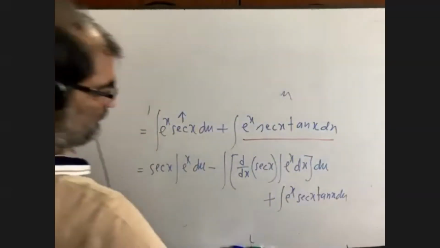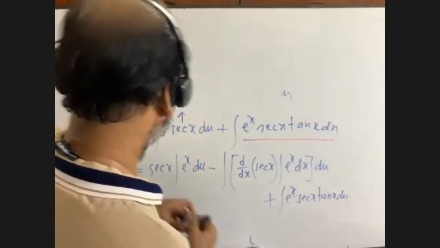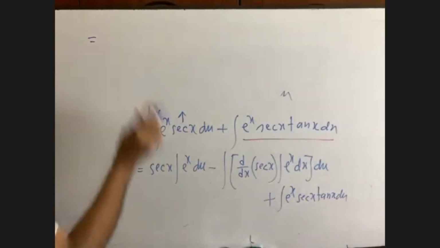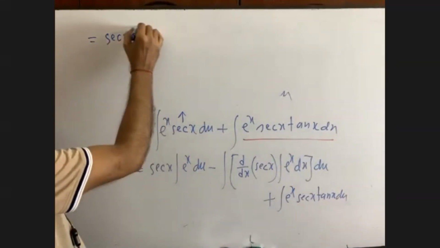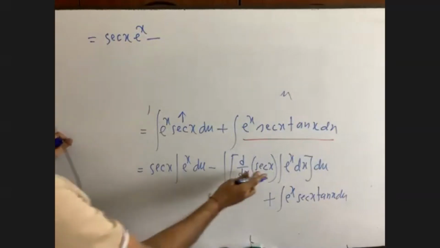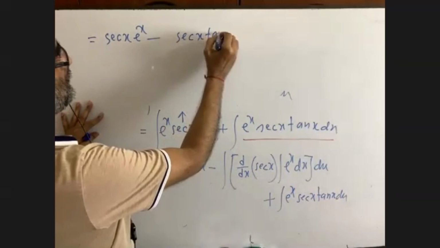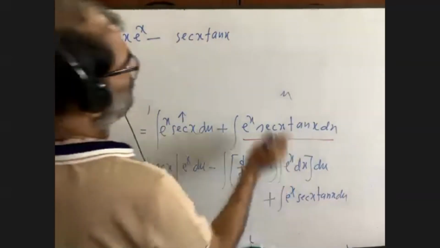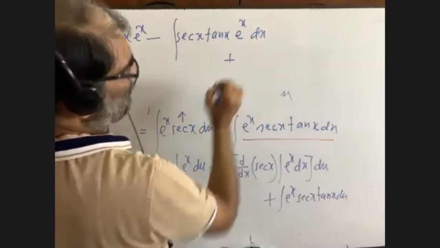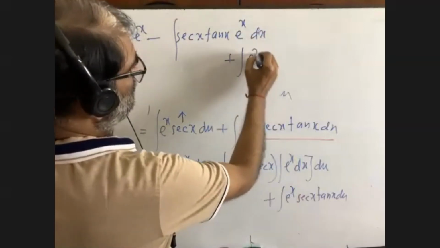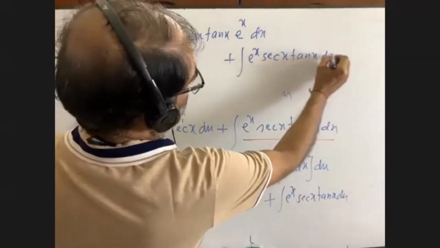Now just pay attention for the last minute. It is sec x, it is e to the power x, minus the differentiation of sec x, which is sec x tan x, times e to the power x dx, plus this part e to the power x sec x tan x dx.